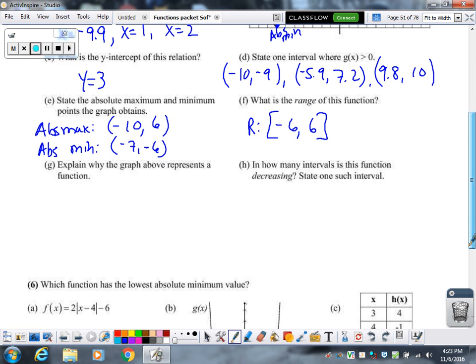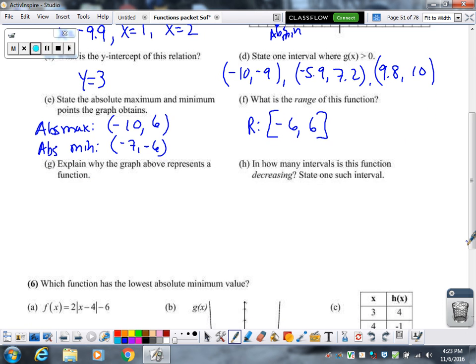Explain why the graph above represents a function. It's a function because, and I know you want to say because it passes the vertical line test. The vertical line test is just a test that we use to determine if a relation is a function. The reason it is a function is because there are no repeating x values.